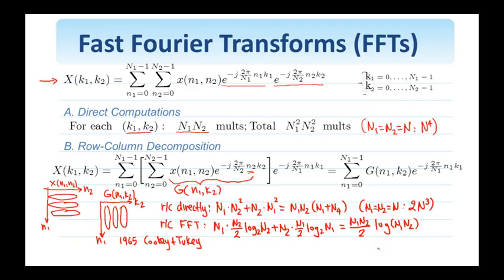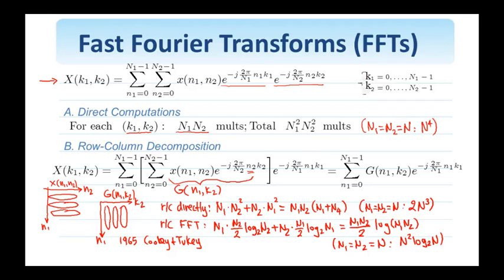So we see here that for n1 equals n2 equals n, I need n squared log 2 n multiplications. So we brought down the number of multiplications by another order of magnitude.